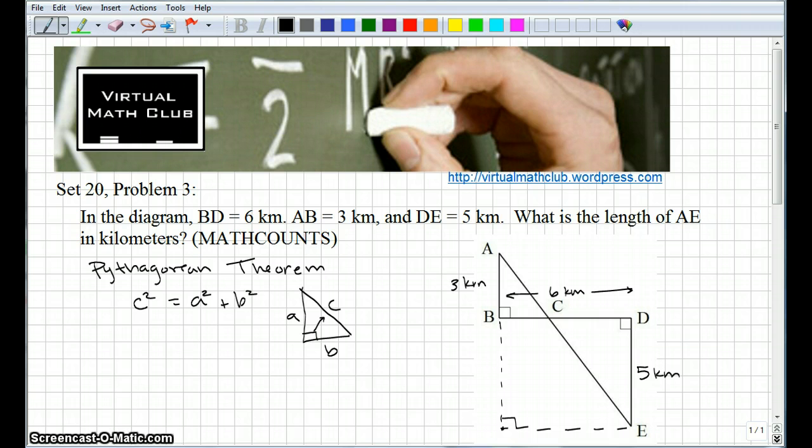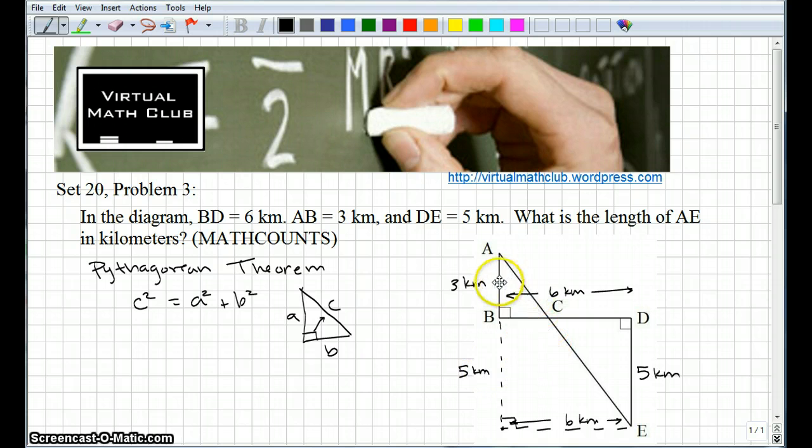Since we dropped this line down straight from AB, and this line at the bottom is parallel to BD, then this has to be 6 kilometers. This is just a rectangle now, and this over here has to be 5.